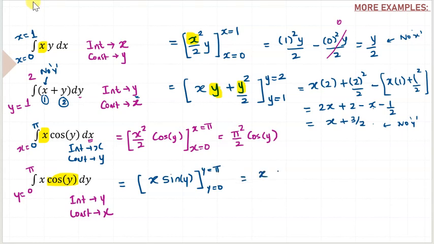This gives you x sine of pi minus x sine of 0. Sine of pi and sine of 0 are both 0, giving you the answer as 0. I hope now it's clear how to integrate. These are the basics that we need for the multiple integral.